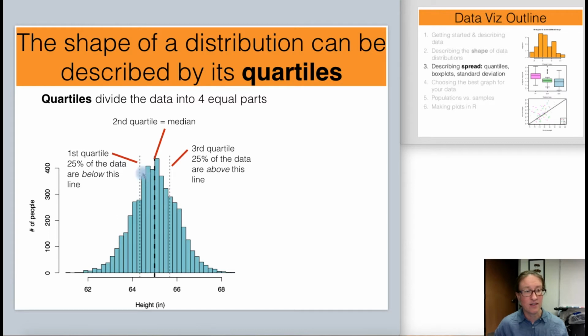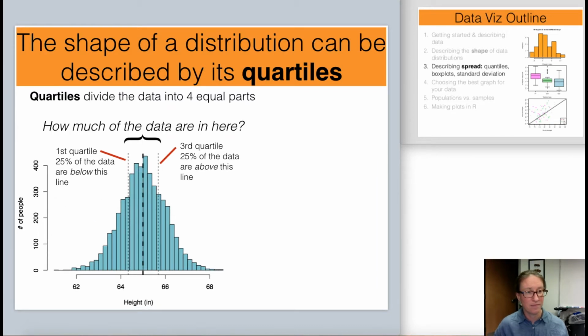The second quartile contains another quarter of the data, and so it comes right up to the median. Third quartile has another 25%, and then fourth quartile is the last 25%. So 4 equal parts. And notice that these lines are closer towards the median because there's more points packed in here.